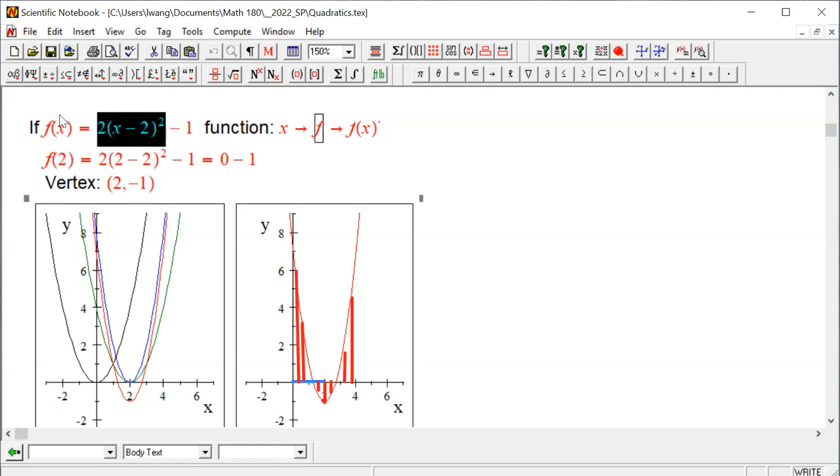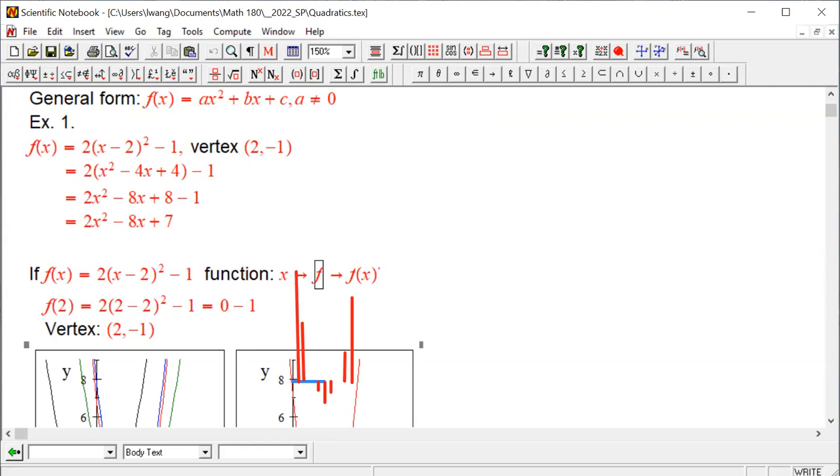So the entire function achieves its minimum when the input is 2. So the vertex tells us, in this case, the lowest point when the parabola opens up. That's the lowest point.